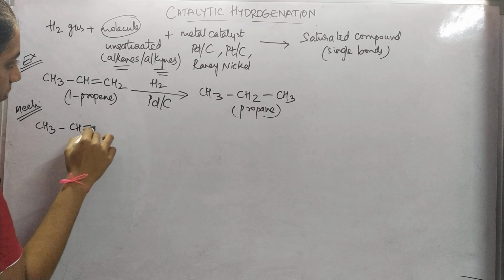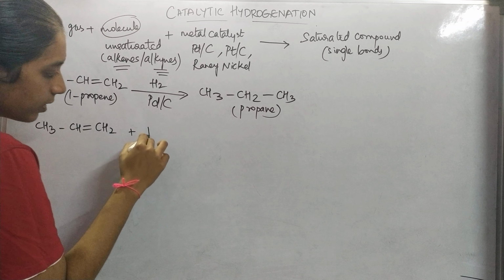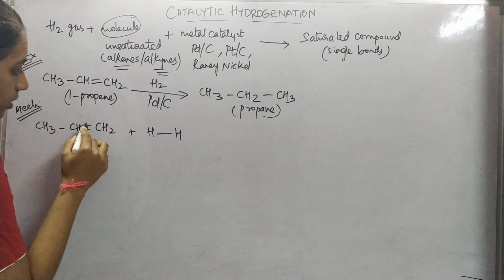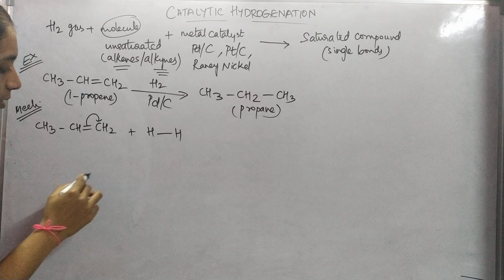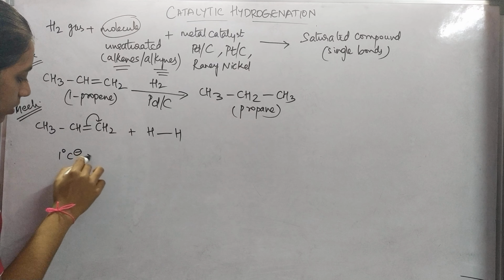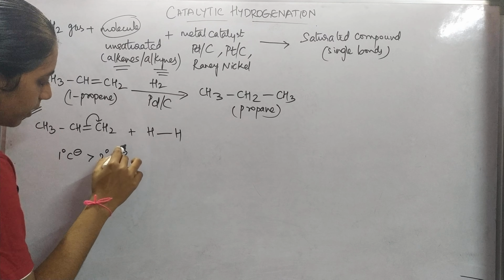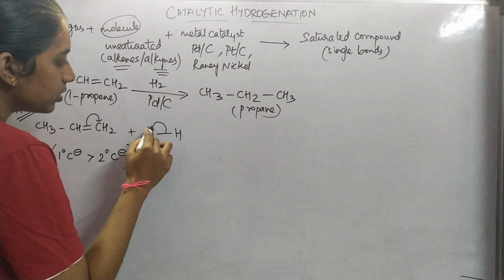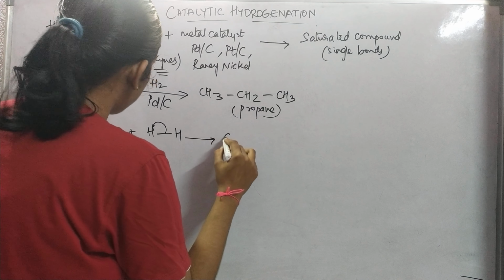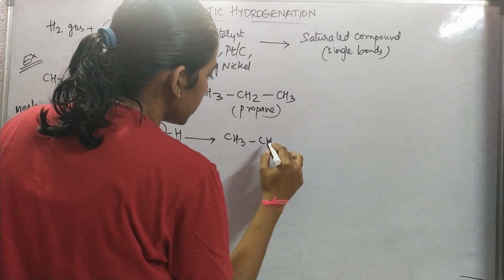CH3 CH double bond CH2 plus H2. So this bond is taken by this carbon because primary carbanion is more stable than secondary carbanion. Now hydrogen will take the bond and the products will be CH3 CH plus.